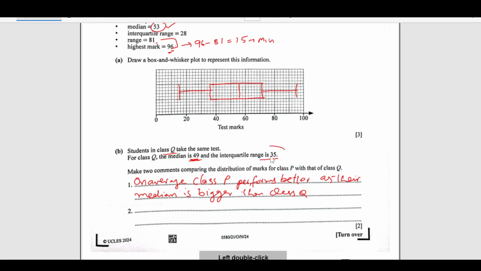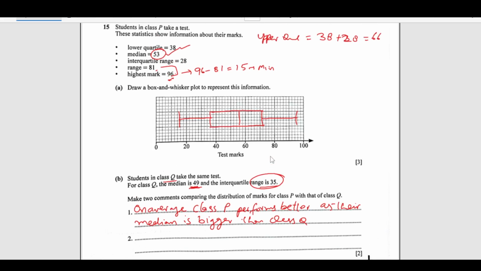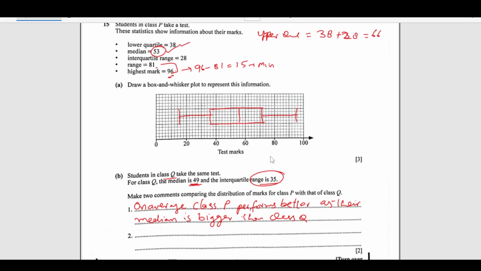the range here, range is 35 and range here in this is 81, right? So the marks in class Q vary more.